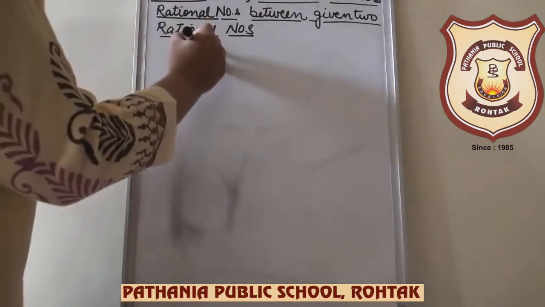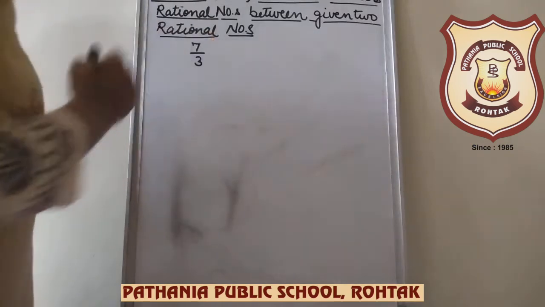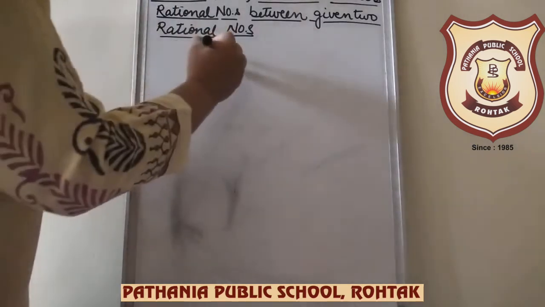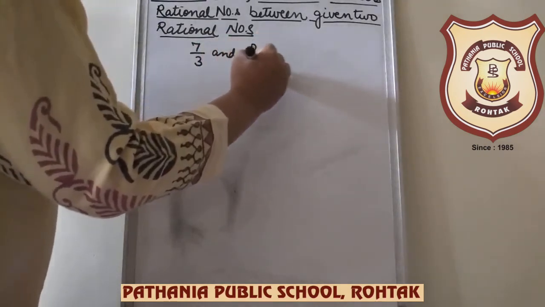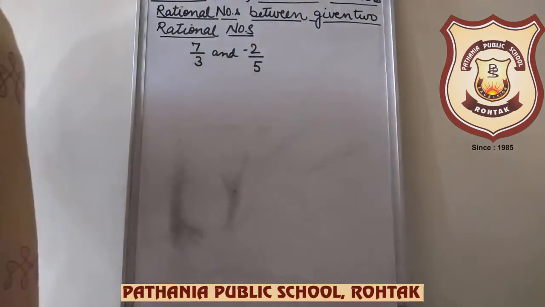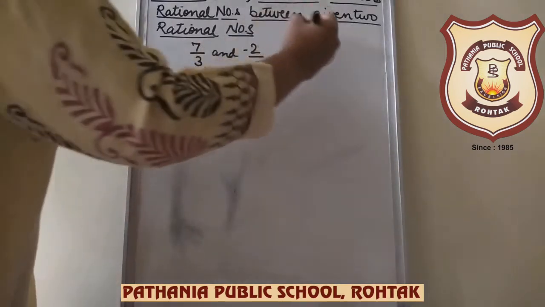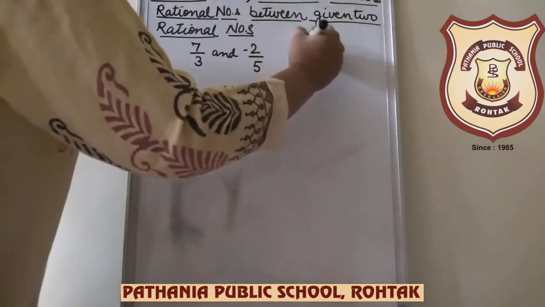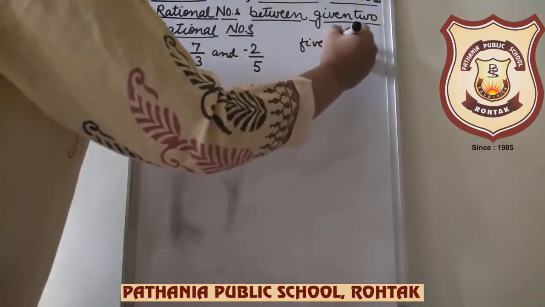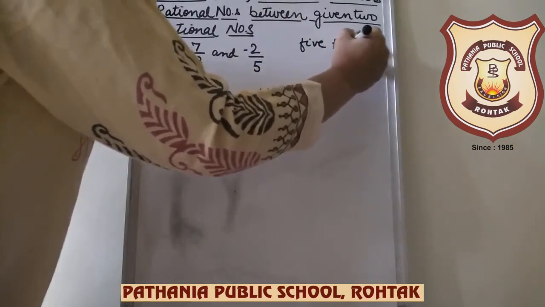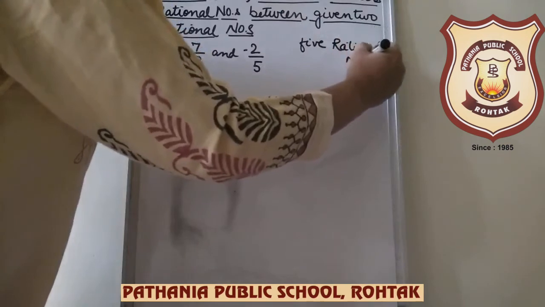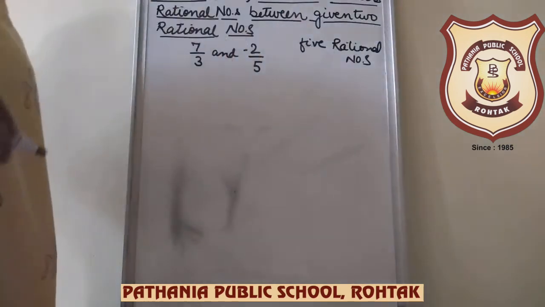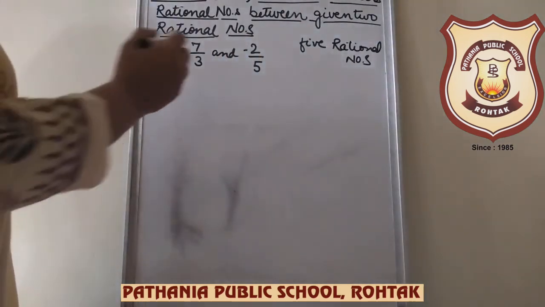Suppose you are given 7/3 and -2/5, and you have to write 5 rational numbers between these two. So what will you do?